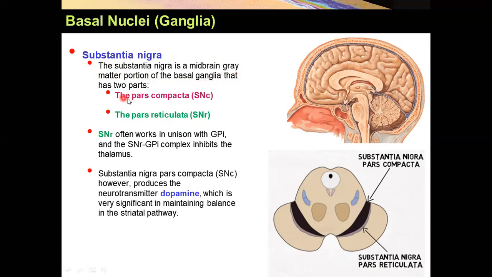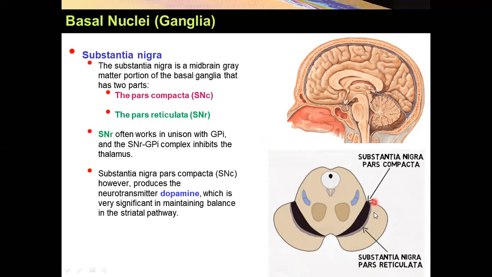One is the pars compacta. Pars compacta is here. This is abbreviated as SNC. SNC means the pars compacta, or the Substantia nigra pars compacta.